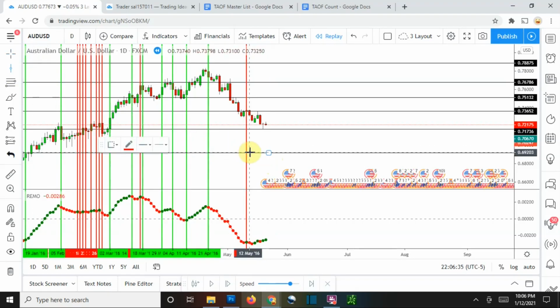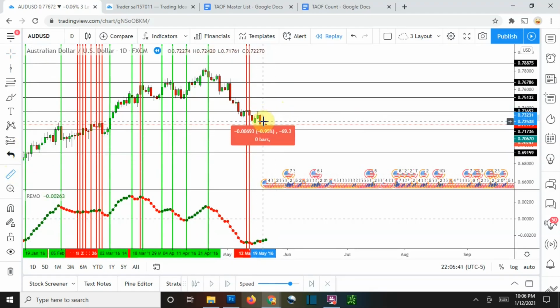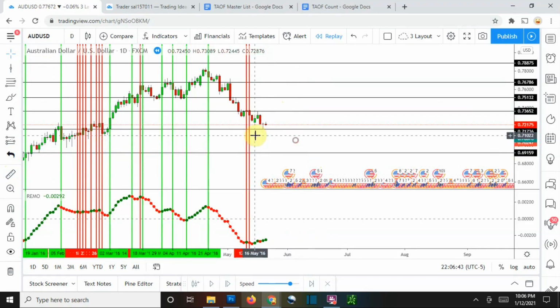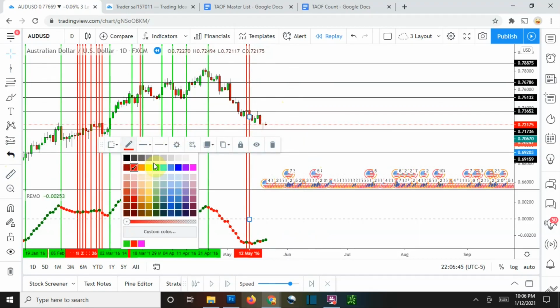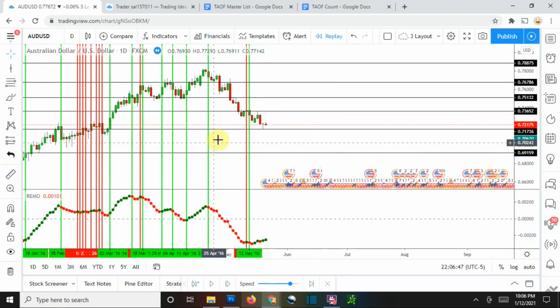Let's mark off, let's see here, there, and here. Then we pick up another one here.